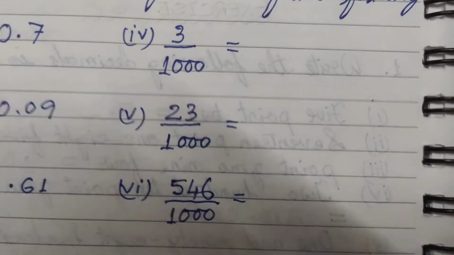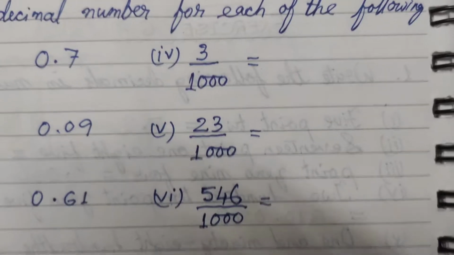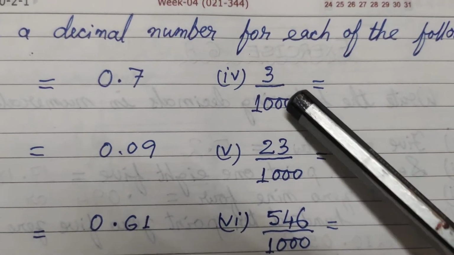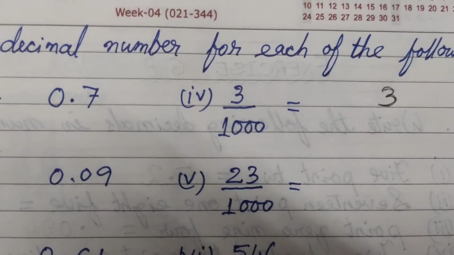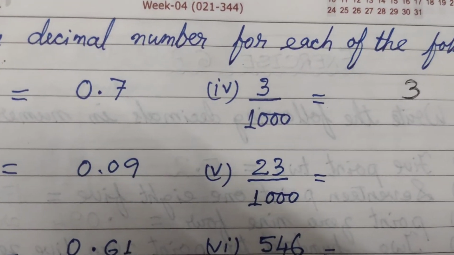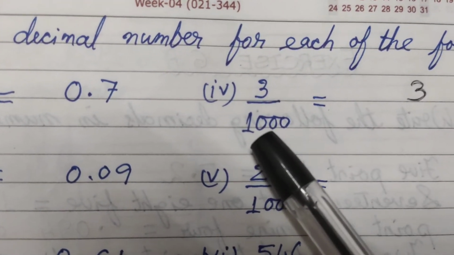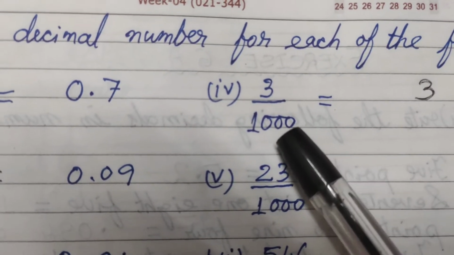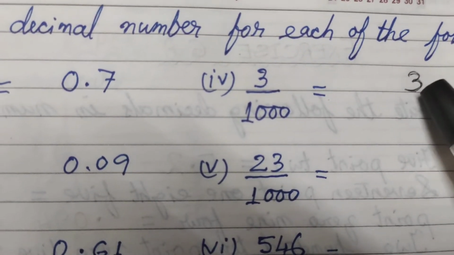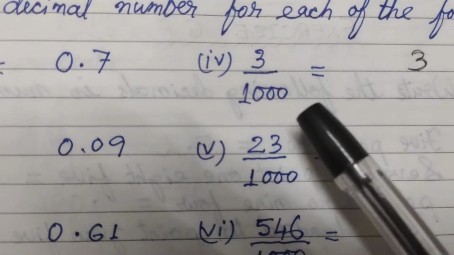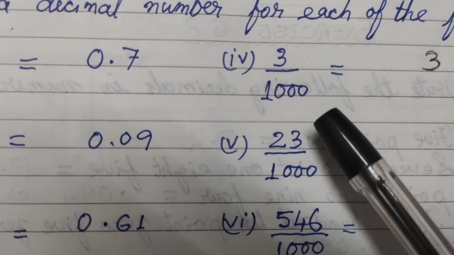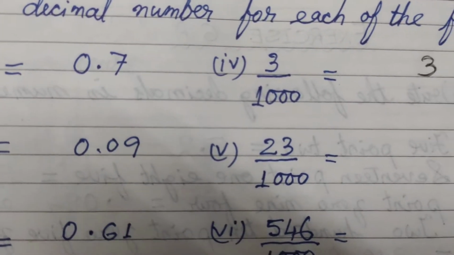The next question is number 4, 3 by 1000. The numerator is 3, so I write 3. But check the denominator. In the power of 10 over here, there are 3 zeros. But 3 has only 1 digit. We need 2 more digits to make it a total of 3 digits, after which you can give the point. So what to do now?